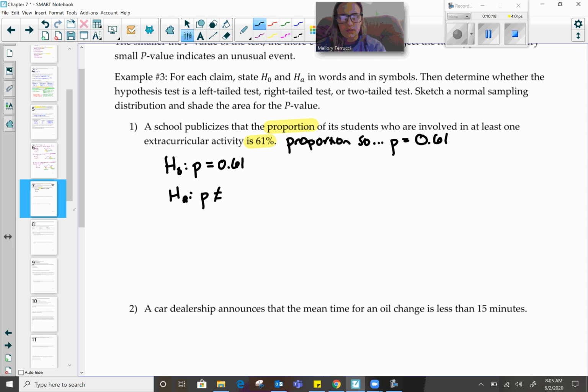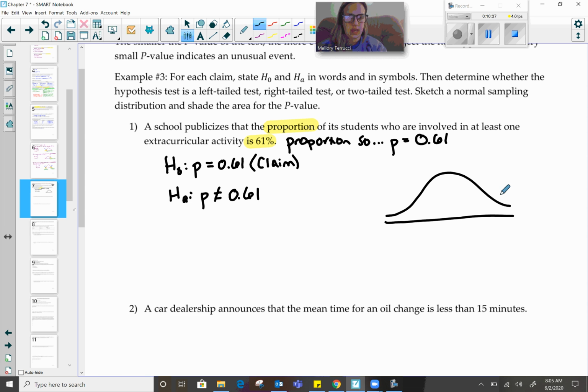So the alternative hypothesis would have a not equal to. The null is the claim. Even though the null hypothesis was the claim, we always go with the alternative hypothesis when we're graphing it. So if it's not equal to, that means there are two tails.